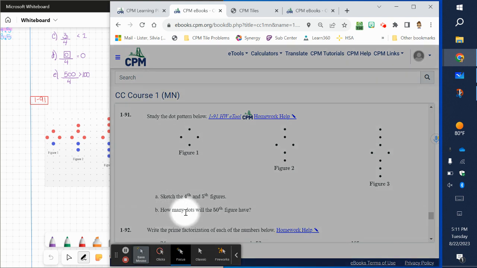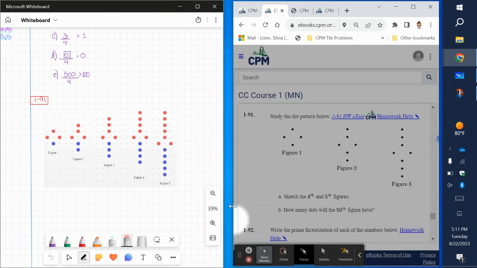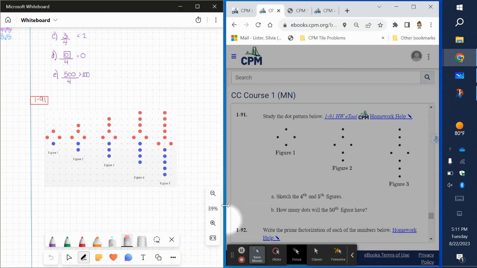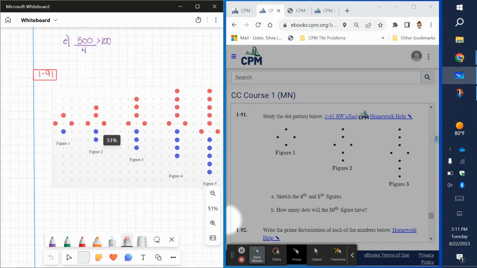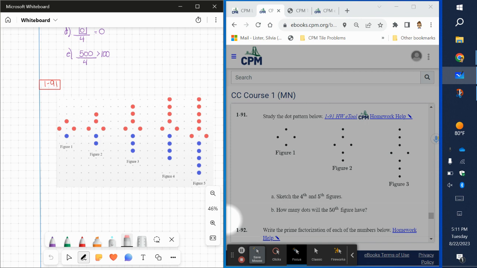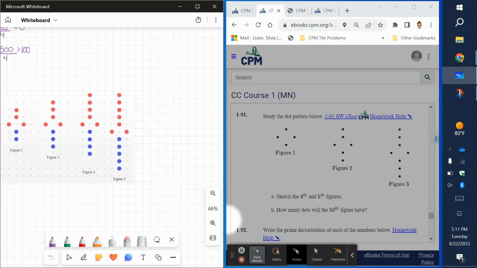So how many dots will the 50th figure have? So I'm going to move this back over and I'm going to get it out of my way. And I'm going to think about the pattern between how many dots I have and the figure number. So let's scoot this over a little bit.